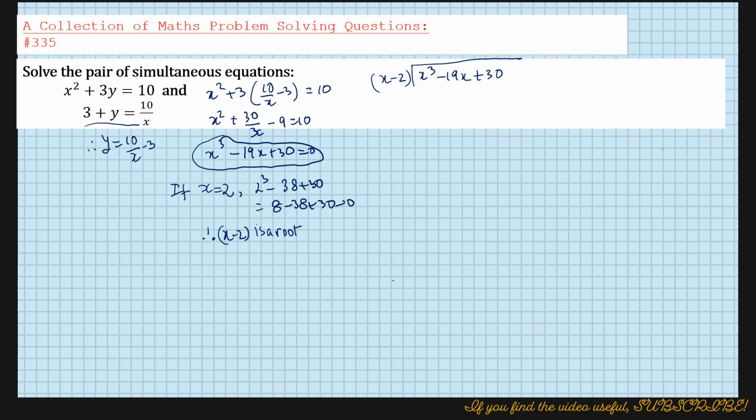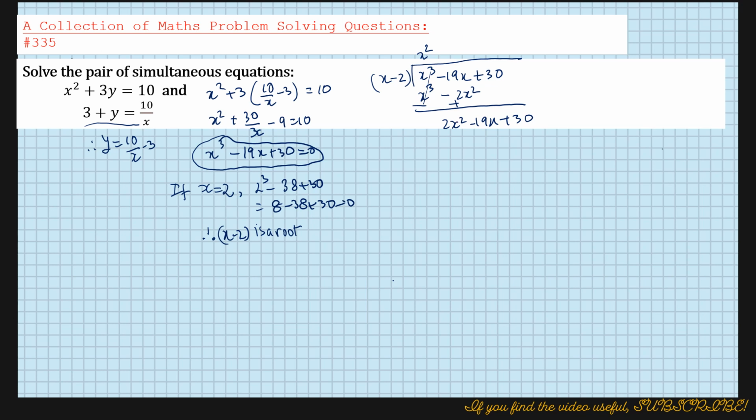We look at the first term, x and x cubed. If I put in an x squared, it would give me an x cubed, and then minus 2x squared. Then I subtract like normal division, so the x cubed cancels out. I am left with 2x squared minus 19x plus 30.